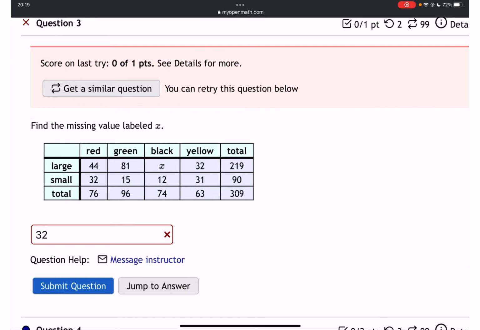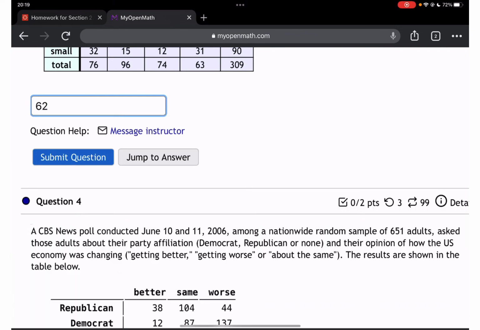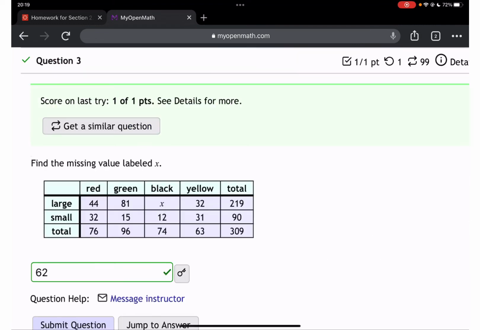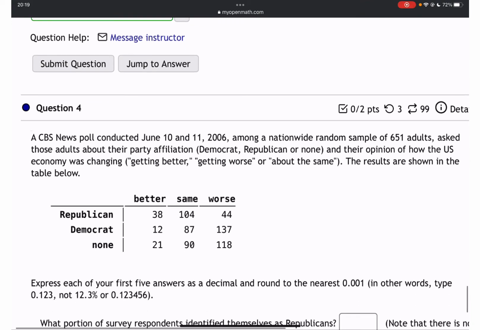Oh, 62. Say duh. 62. Okay, we got it finally correct. Next one.